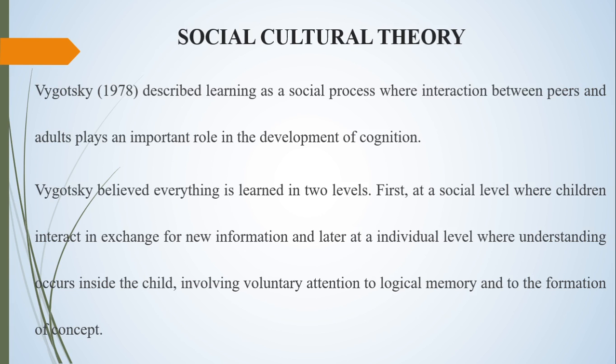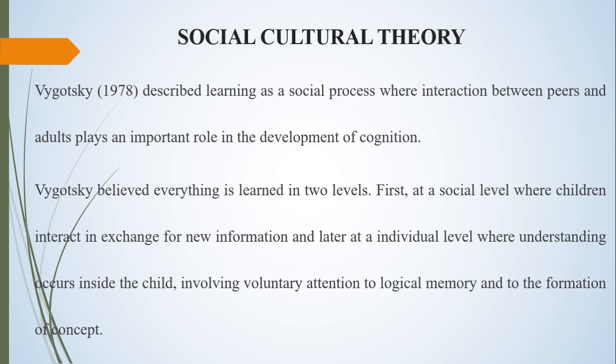So let's look at social cultural theory now. Vygotsky described learning as a social process where interaction between peers and adults plays an important role in the development of cognition. Vygotsky believed everything is learned on 2 levels.